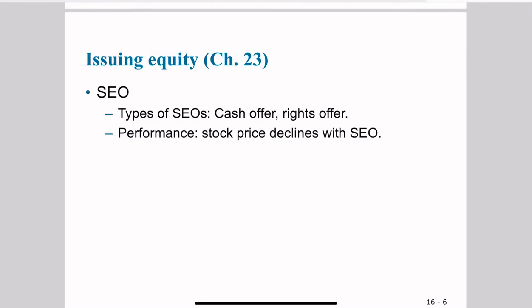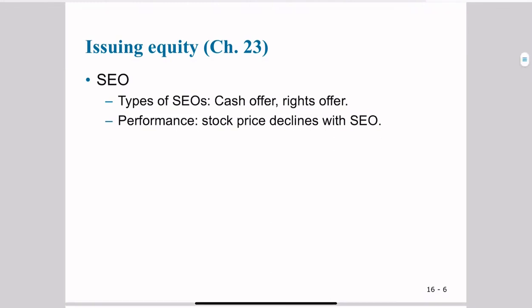And then we also can see the performance of SEOs. We generally see that share price decreases if there is a seasoned equity offering. And then the explanation is pretty much similar to the explanation of the long run poor performance of IPOs.